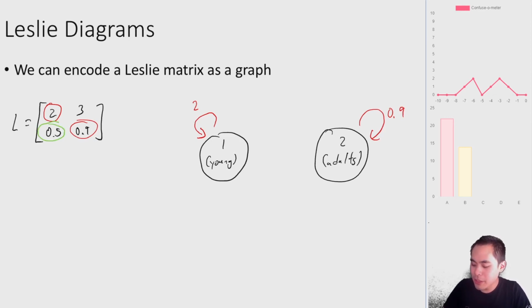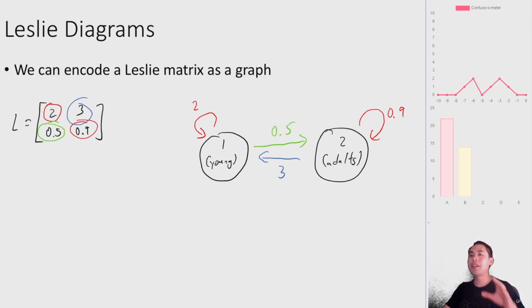So this is the number of adults next year as a result of having each young, and this is going to be 0.5. And here, this is the number of young as a result of each adult. If you had a 0, you just wouldn't draw an arrow. But you can encode this to give you a graphical overview of how the Leslie matrix is acting on your population.